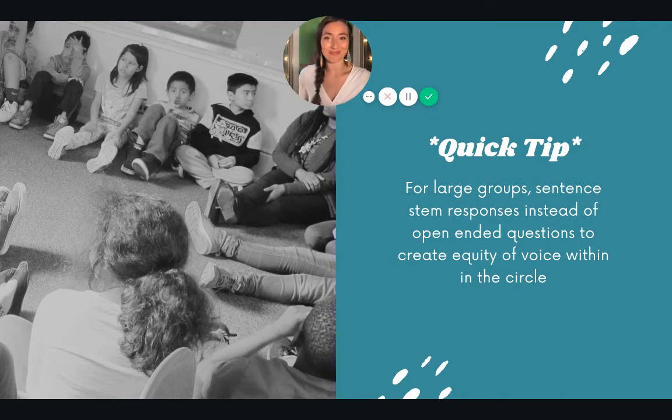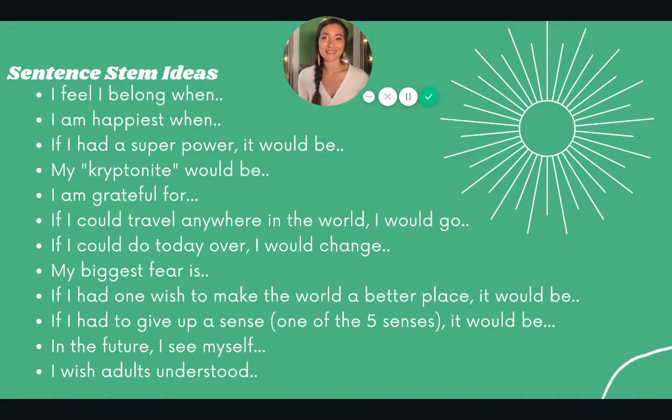Okay, so here are some sentence stem ideas that I love for get to know you circles. I feel I belong when I'm in the kitchen. I feel I belong when I'm playing soccer. I do a lot of circles that explore race, culture, and inequity. And starting with this idea of belonging before we explore places where perhaps we felt like we didn't belong is very important.